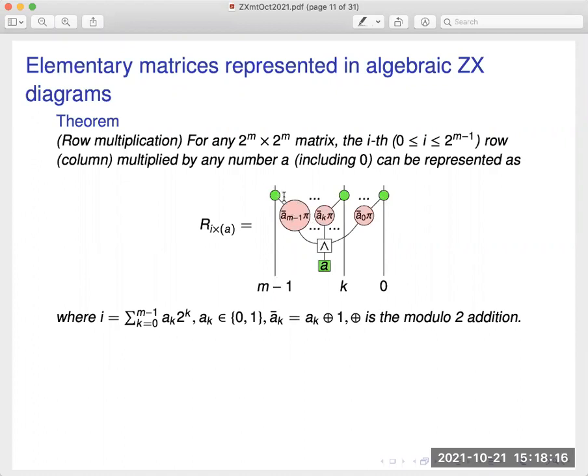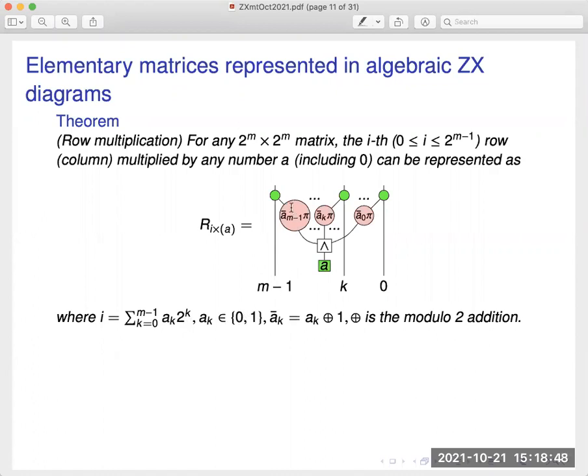You connect each green node to the AND gate, but labeled by a red phase, which depends on the binary expansion of i. Here we write i in binary expansion as the sum of a_k times 2^k, where a_k belongs to {0, 1}.